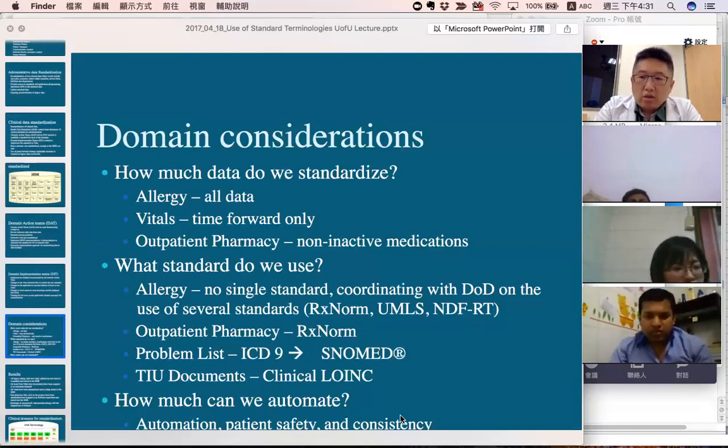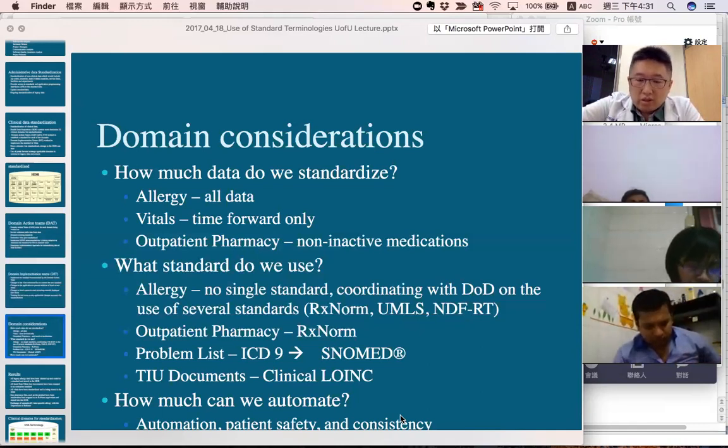They mentioned that we can create a smart prescription system, but the most important thing is we need to improve patient safety and consistency. You can imagine, Jessica can create a smart prescription system, but the correctness and the consistency are very important.